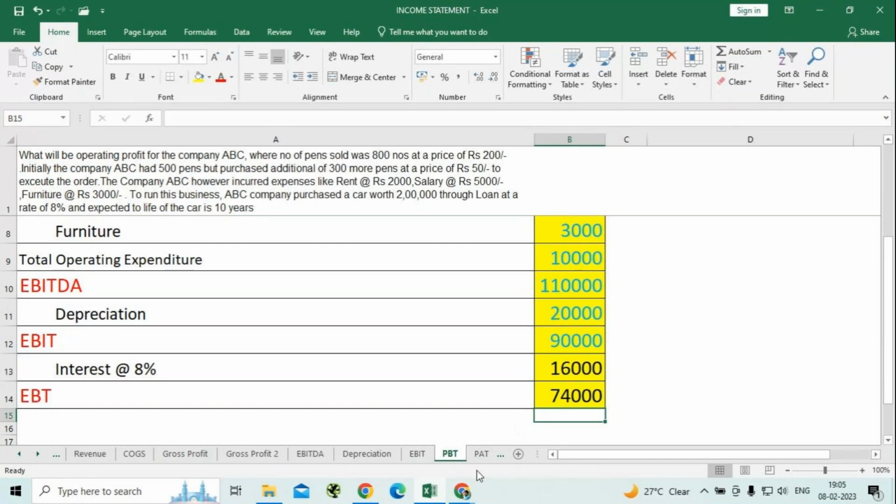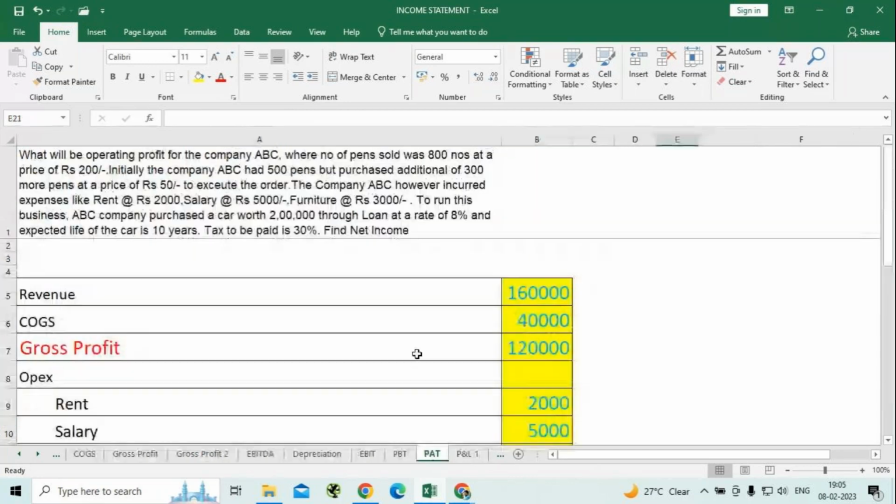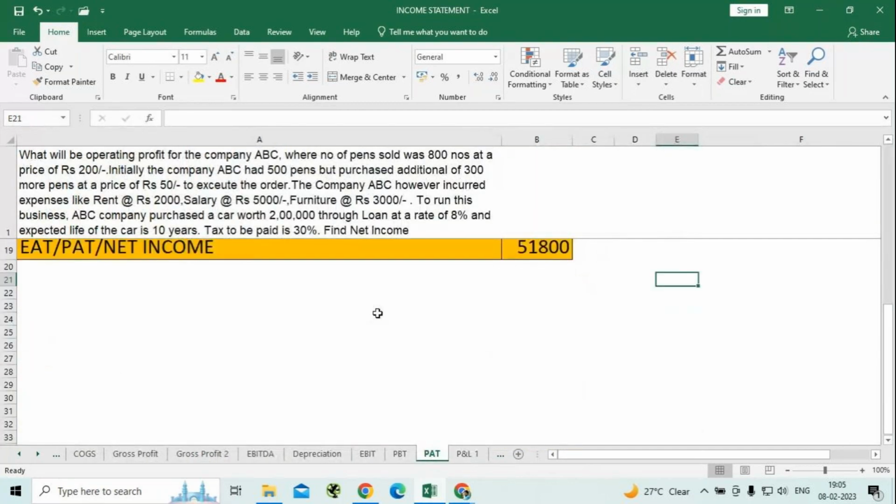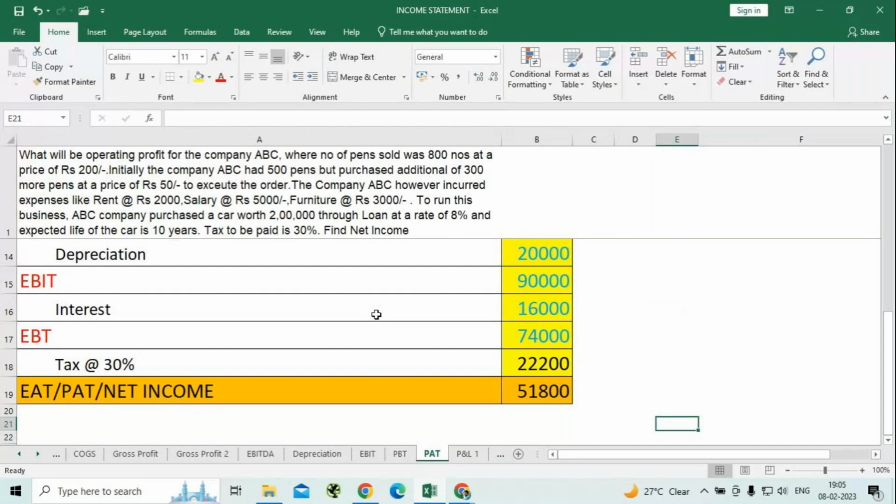After calculating the EBT, there is 30% tax to be paid on the amount before tax. So 74,000 into 30% is 22,200 that you are supposed to pay, and the remaining net income is 51,800.